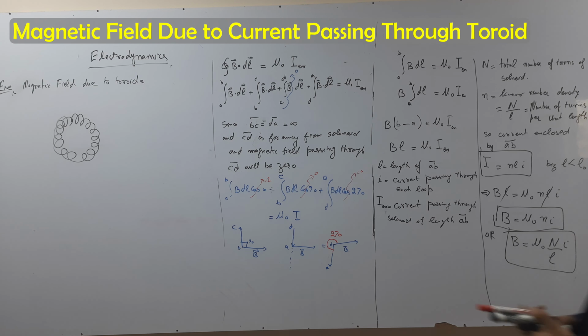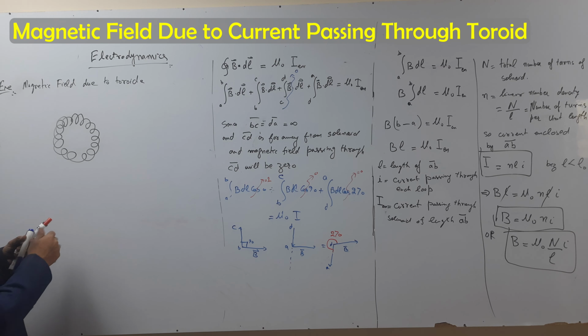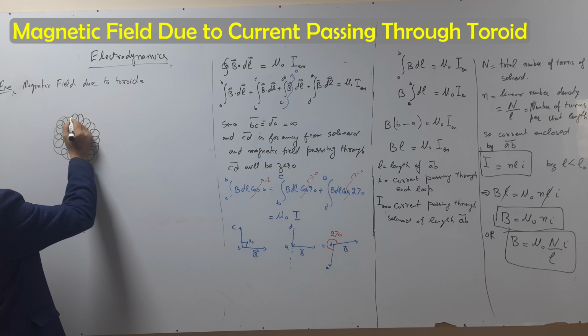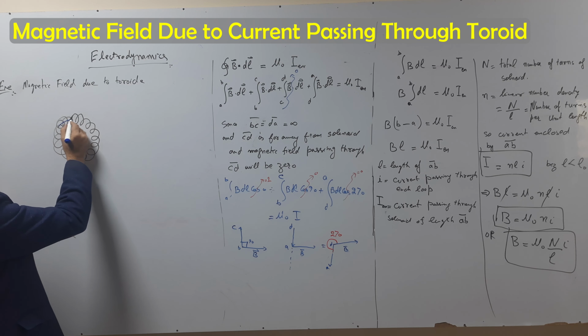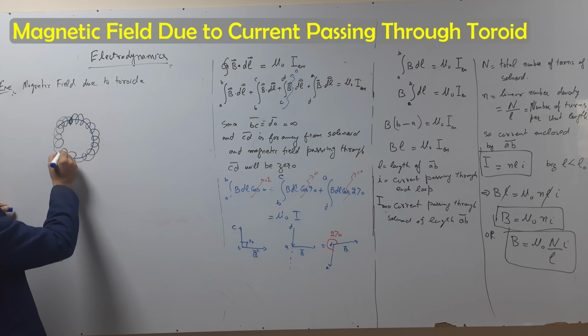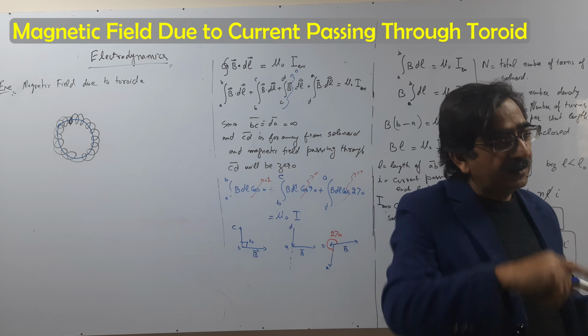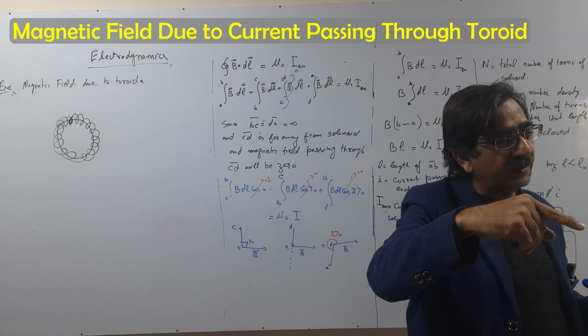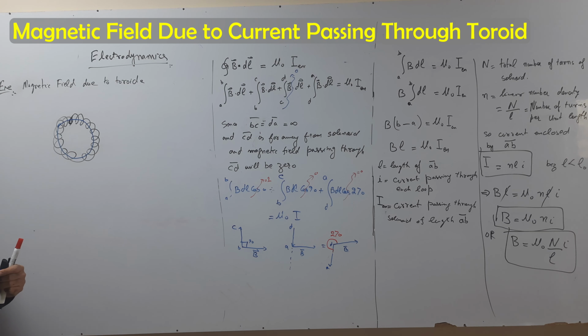But in this case, because the magnetic field will be along the circular path, we may consider that it will be passing through the magnetic field, because as we join both edges, we have also joined the edges of A to B.